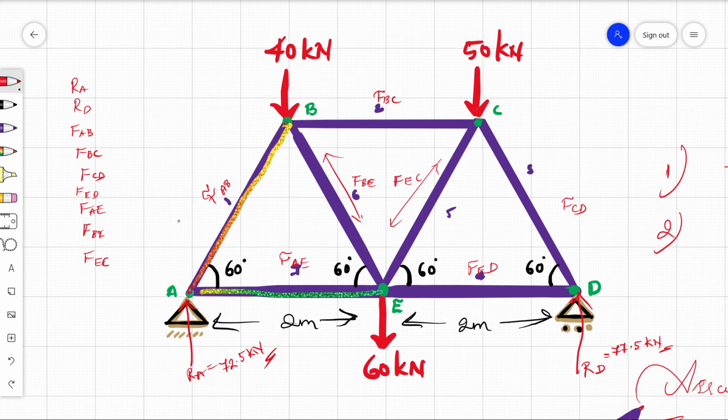This much we need to find actually. That is 1, 2, 3, 4, 5, 6, 7, 8, 9 values. And that's why it is nearly a 14 to 20 marks question. This numerical generally comes for 14 to 20 marks. So we already found the values of RA and RD. We need to find the next 7 values. I'll tell you how to find these next 7 values.